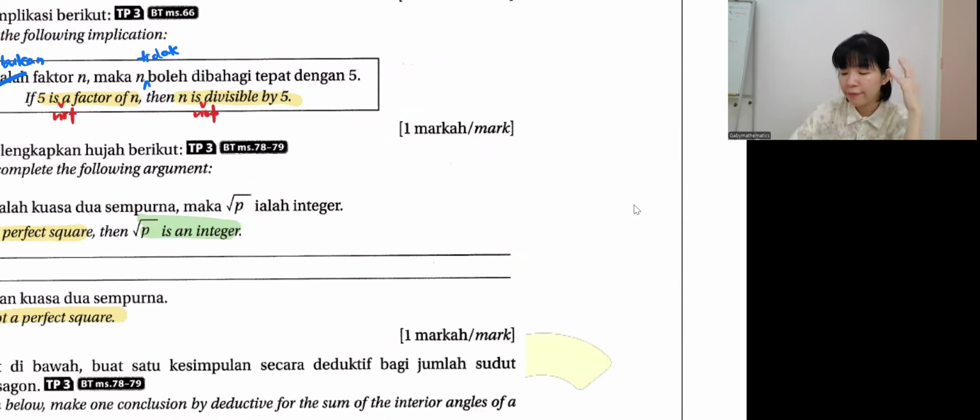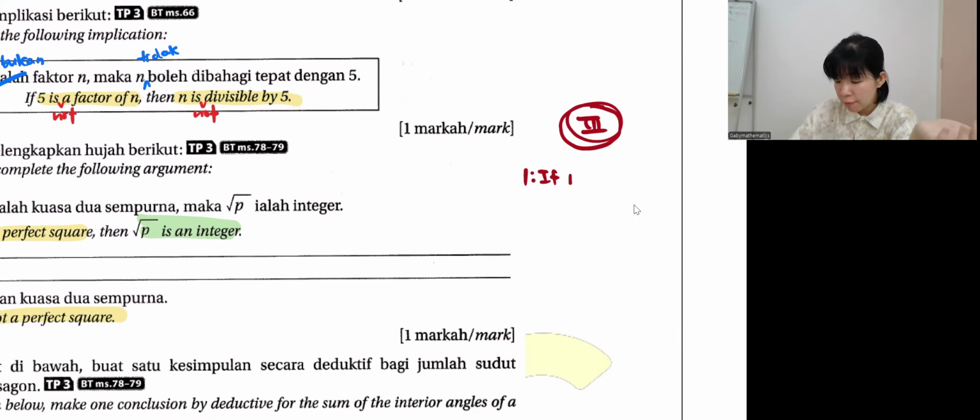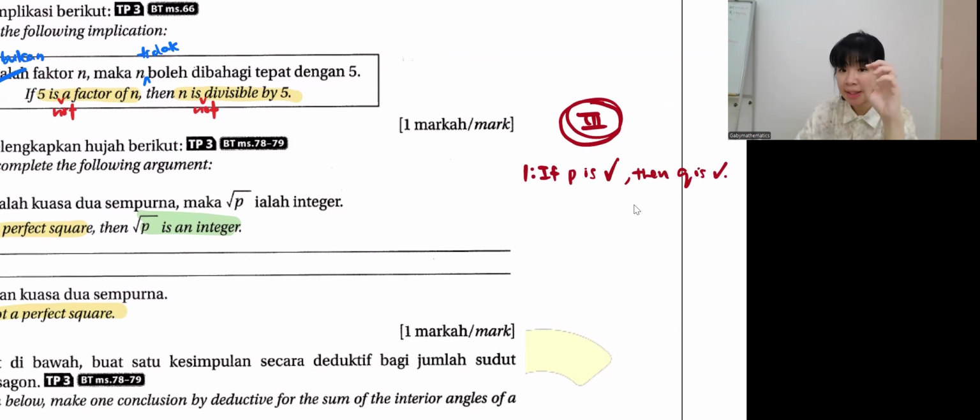Okay, guys, write down the format. You must know the format very clearly. The third one, bentuk ketiga, is: premise 1, definitely if, and then if P is true, then Q is true. Okay, this is premise 1. Premise 2, the second sentence, you must write the thing at the back first. You must write this, but you have to change it to not.